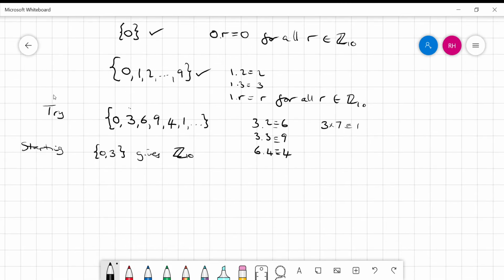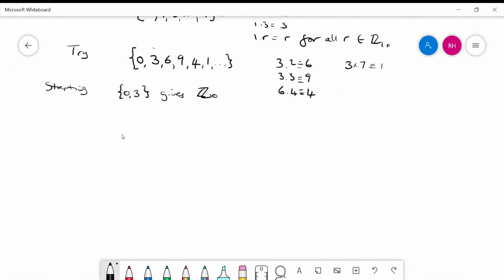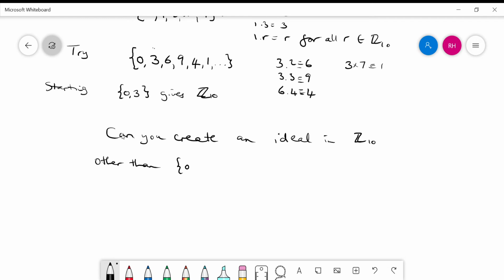So this would be a good chance to think about, can you create an ideal in Z10 other than the set with just 0 and Z10 itself, the ring itself, which is 0, 1 to 9?